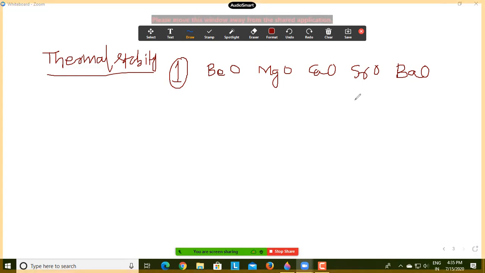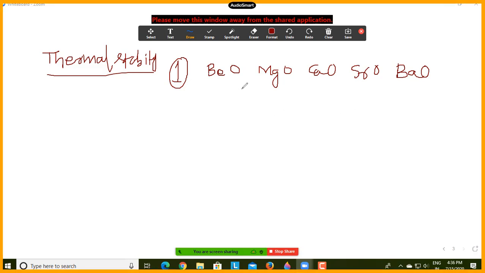So you tell me, lattice energy is maximum in which case? Beryllium oxide or barium oxide? So beryllium oxide. So lattice energy order is like this. This is the order of lattice energy.